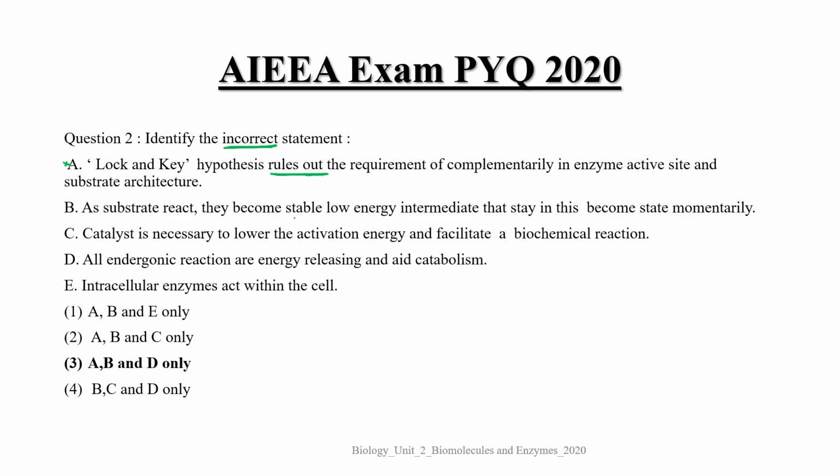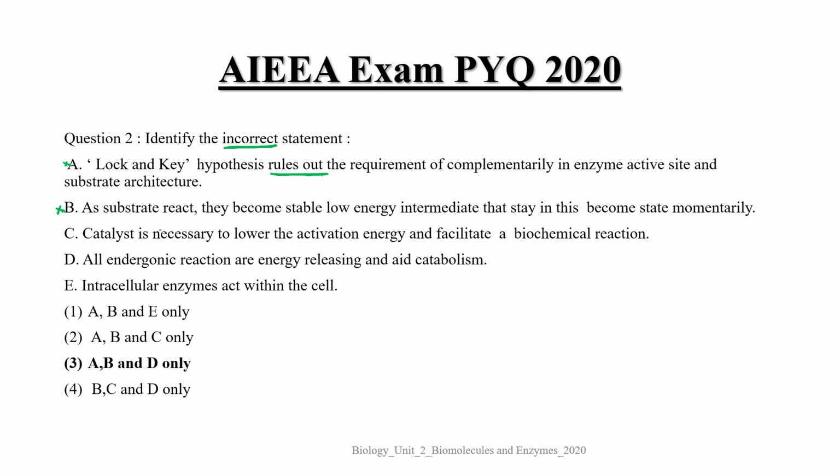They become very unstable and immediately have so much energy. That's why they become unstable and react to each other and are converted into the product. So according to me, this one is again a wrong statement.